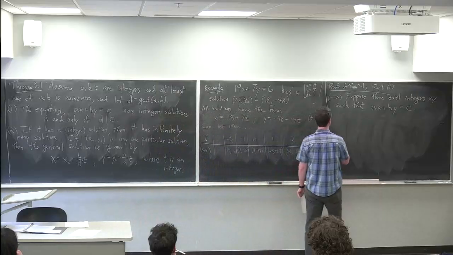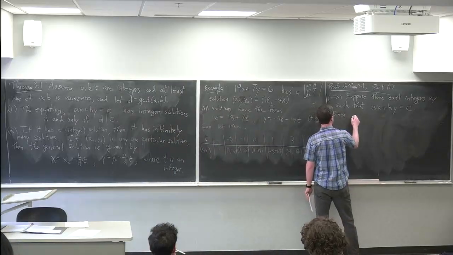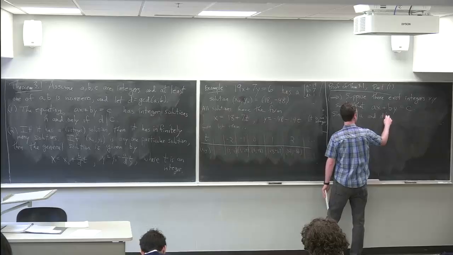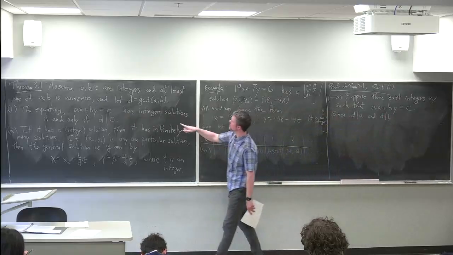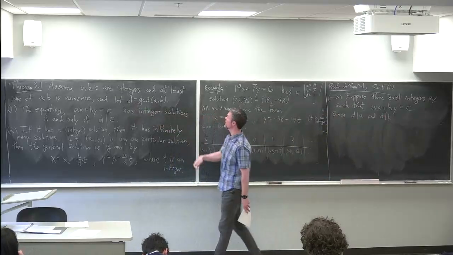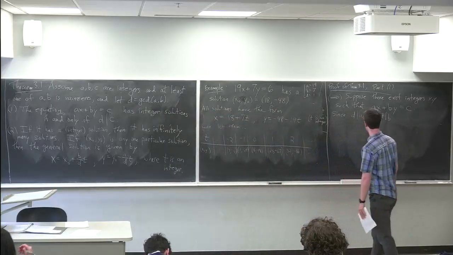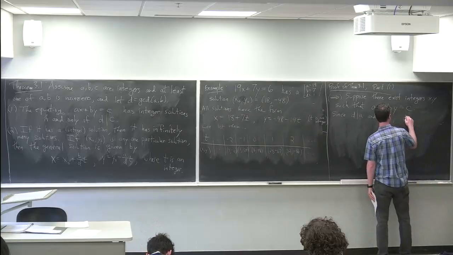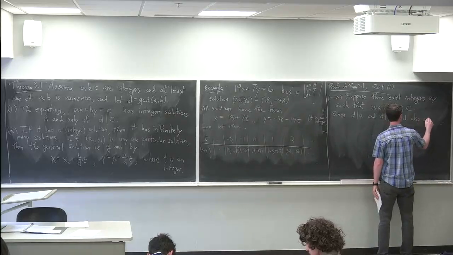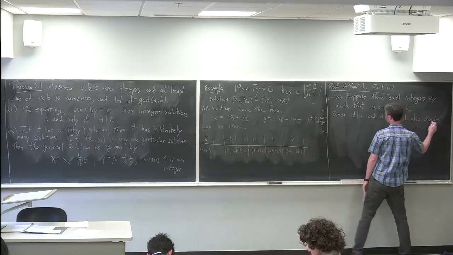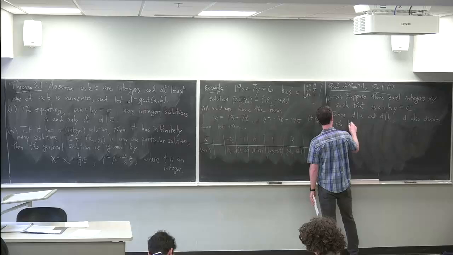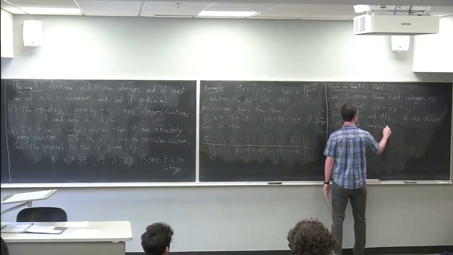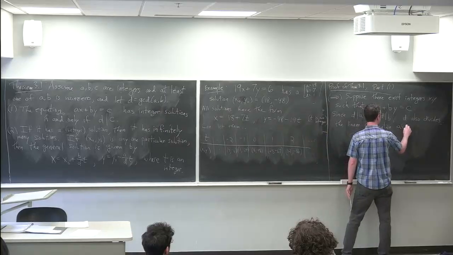Since we know that d, the GCD, divides a and also b, that's what d means, it's a divisor of both a and b, so d also divides the linear combination, which is ax plus by.